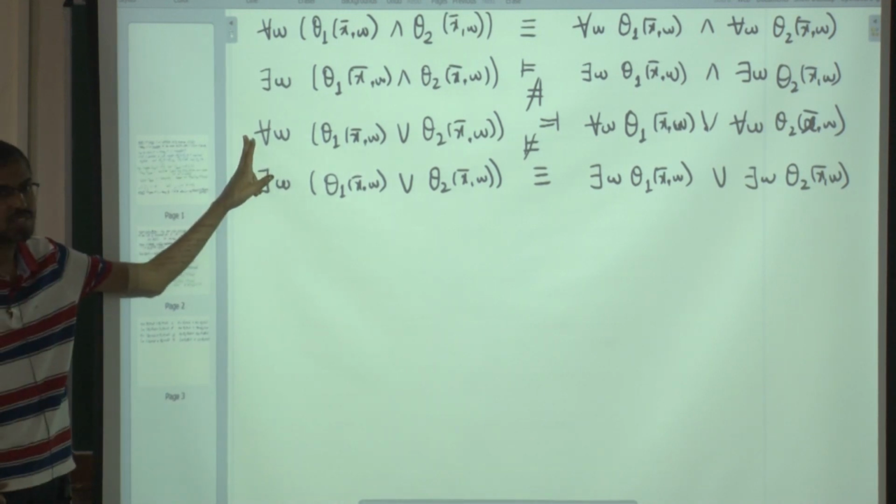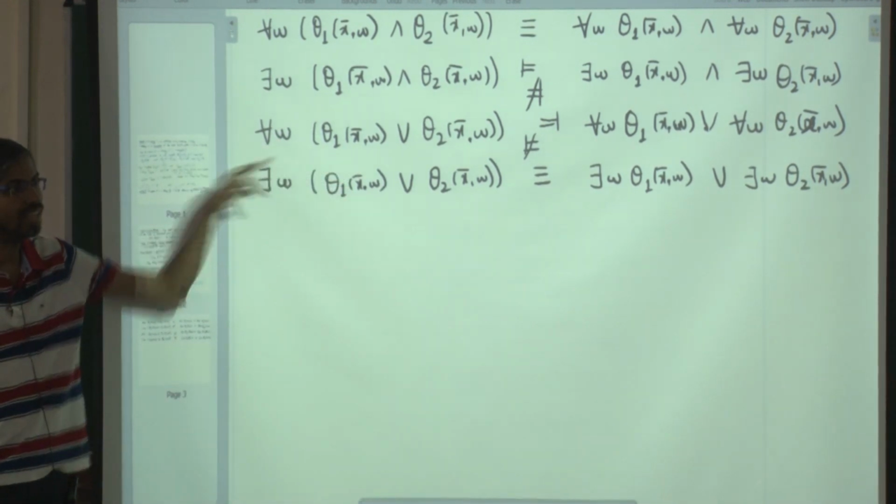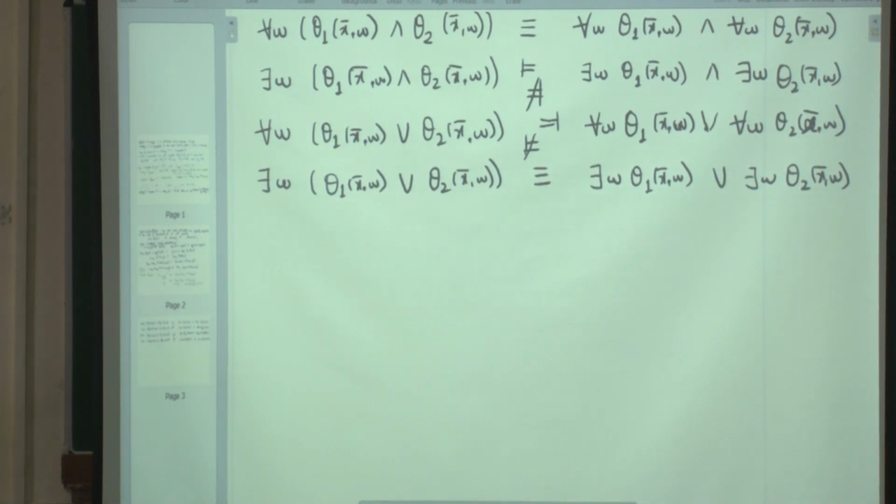Then this side is satisfied, but that doesn't mean the other side is satisfied. And I am also giving you a reason to prove it. I'm telling you that you should find a structure in which this happens. So try these exercises to show that something is not logically equivalent and also to show that a pair of formulas are logically equivalent.